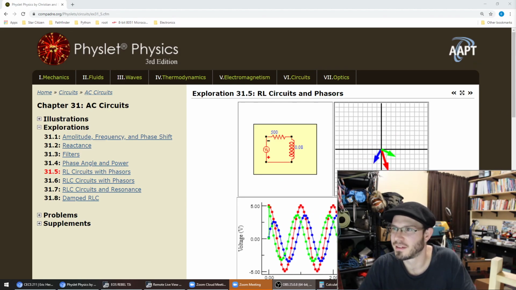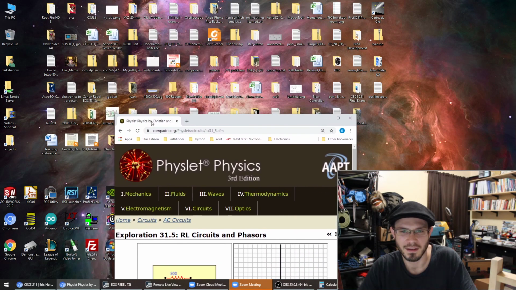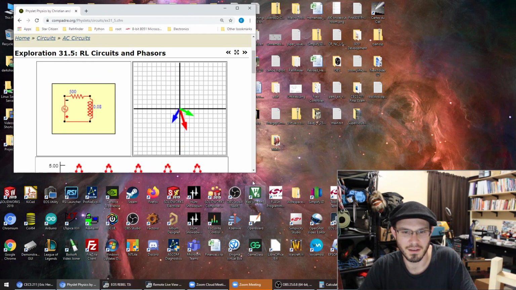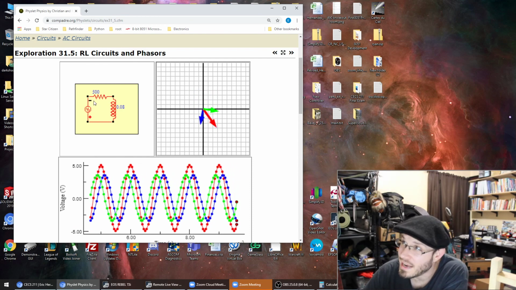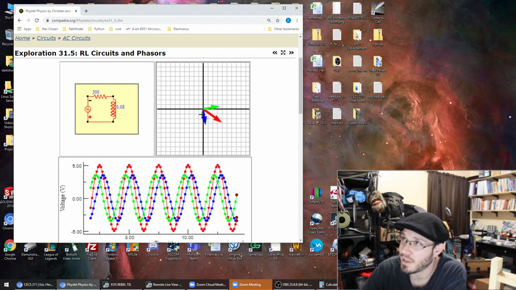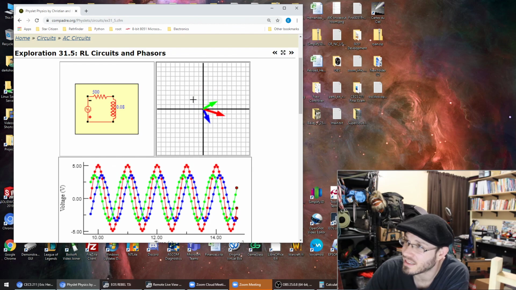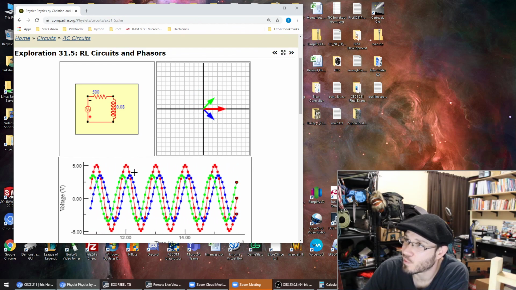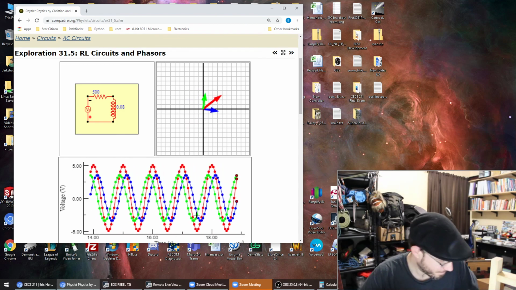Now, this one has a resistor in there, but don't worry about the resistor. Just look at the blue and the green arrow. They stay at 90 degrees apart from each other as that phasor rotates around. And then you can see that their projection along the y-axis is the result in that diagram of voltage with respect to time.